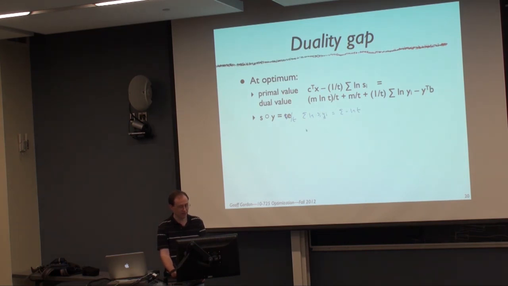Because of the product, this is sum of log si plus log yi, right? And this here is just equal to minus m log t, okay?